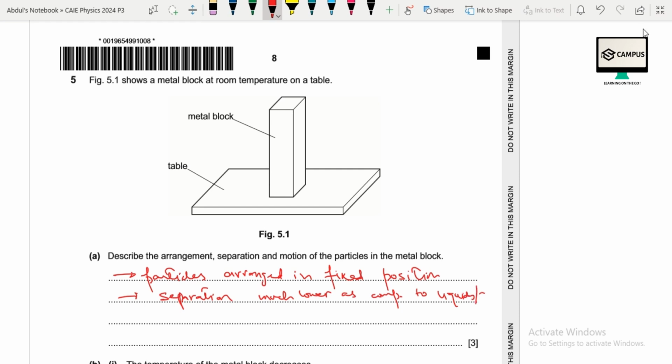And the particles only exhibit vibrational motion and no translational kinetic energy whatsoever.